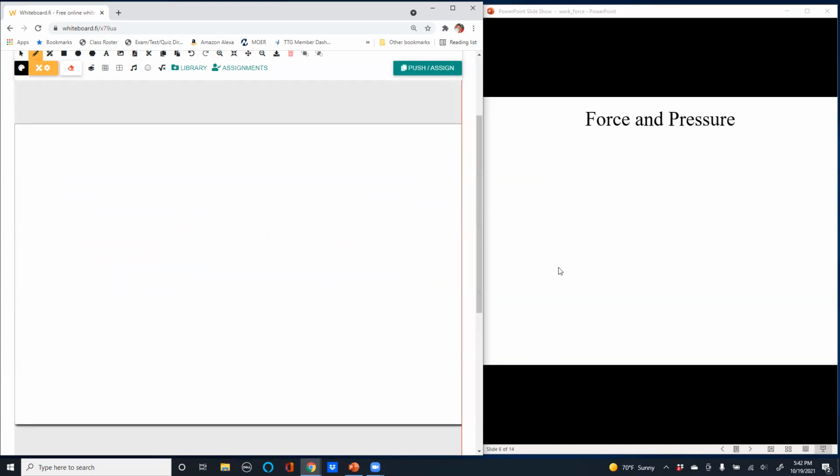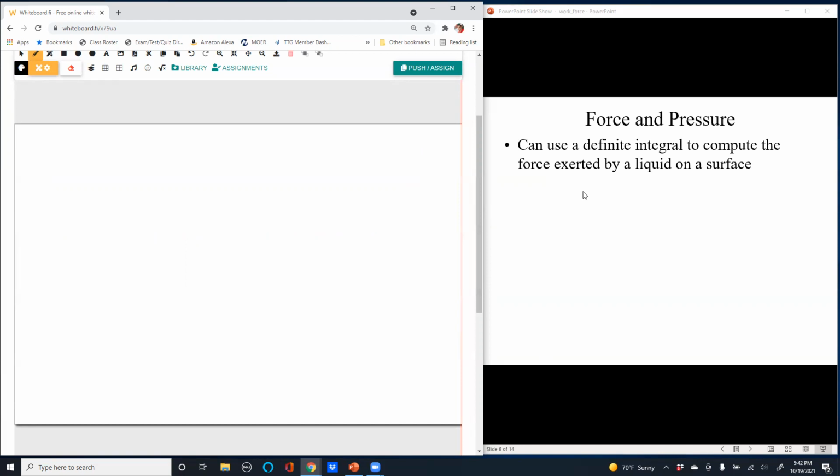Okay, let's talk about force and pressure, and then I'll give you an example to help make this make more sense. What we're looking at now is force exerted by a liquid on a surface.